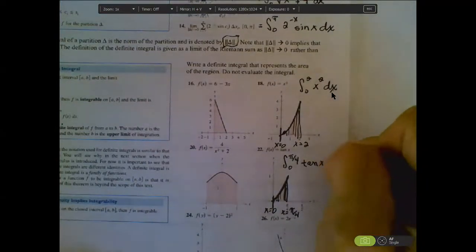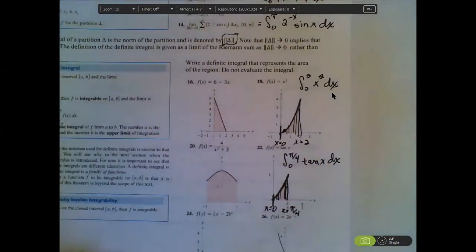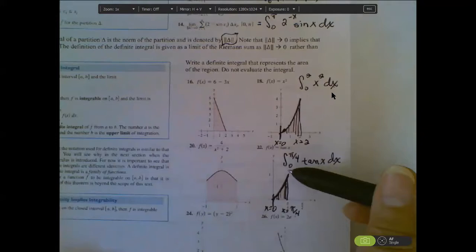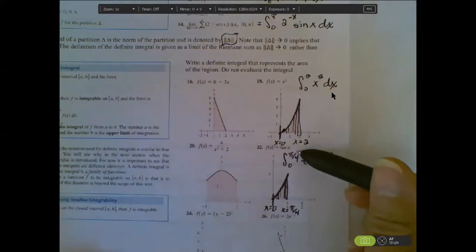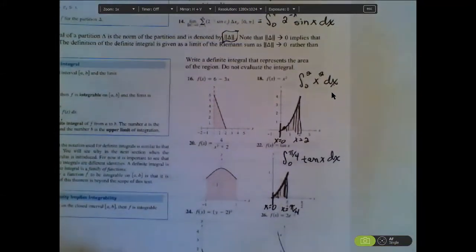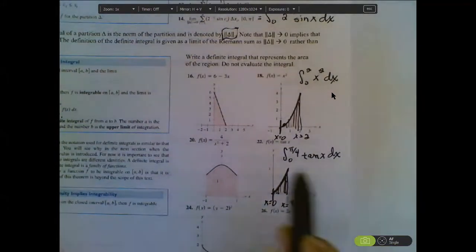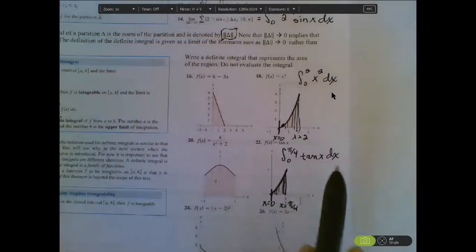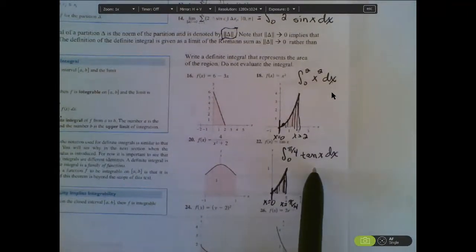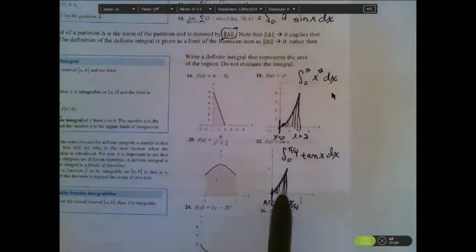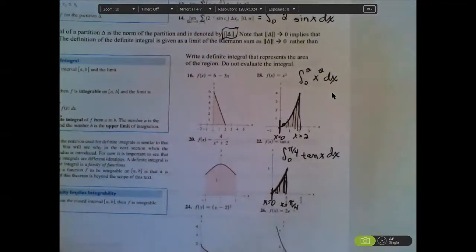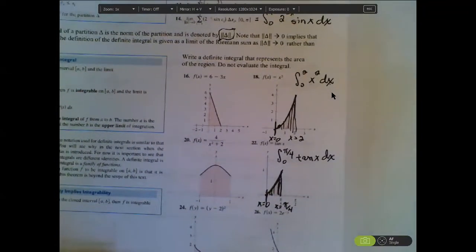Yep. Exactly. And you read that as the definite integral from 0 to pi over 4 of tangent x dx. We don't know how to evaluate that, but if we did, which we will tomorrow, then that would give me the area shaded in number 22.